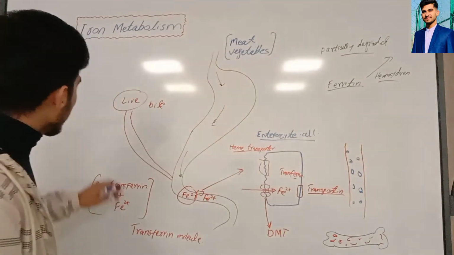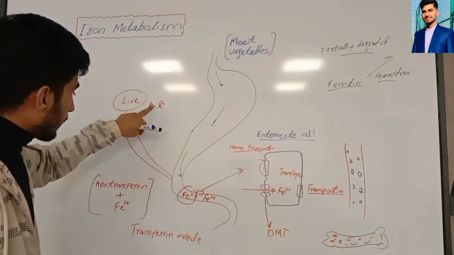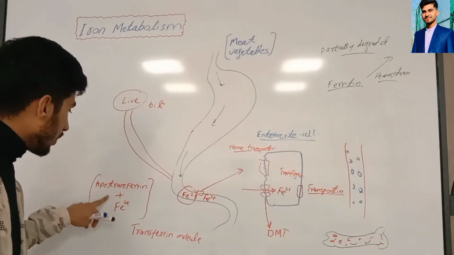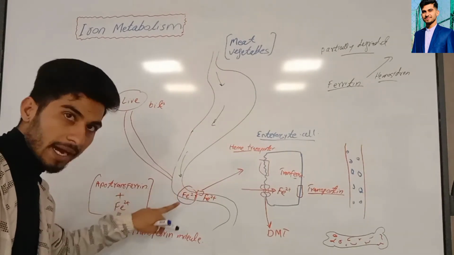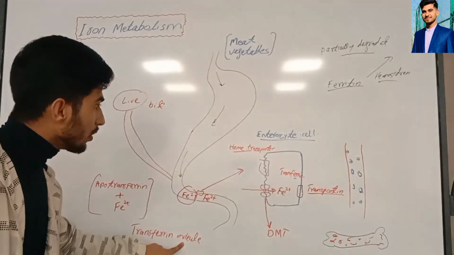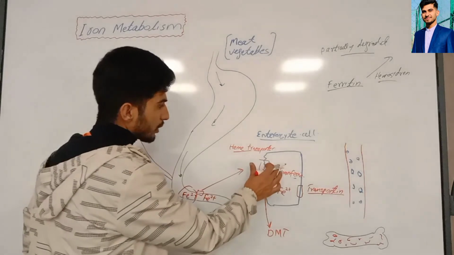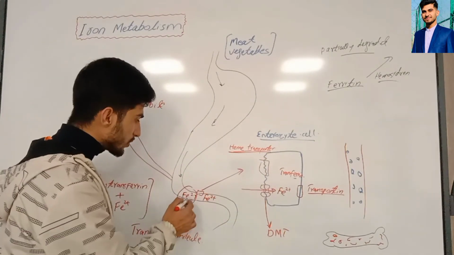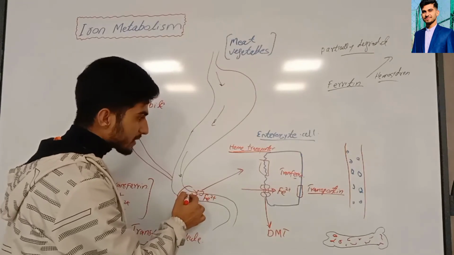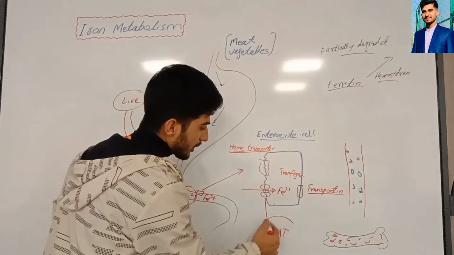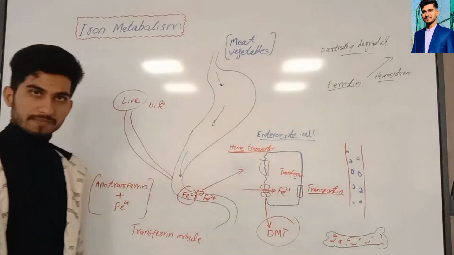Further, the liver secretes bile, and bile contains the apotransferrin molecule, and this apotransferrin molecule will combine with the ferrous ion to form the transferrin molecule. This transferrin molecule will be absorbed into the enterocytes through the heme transporter, and also ferrous ion will be absorbed into the enterocytes through the divalent metal transporter.